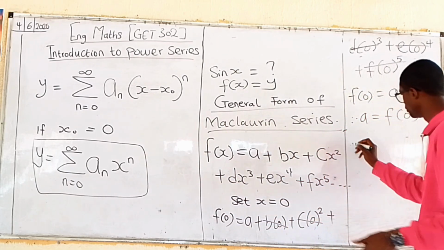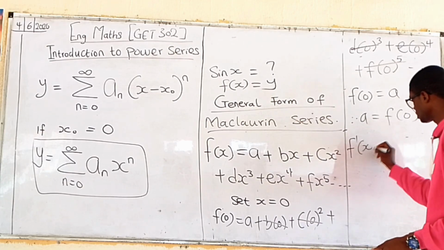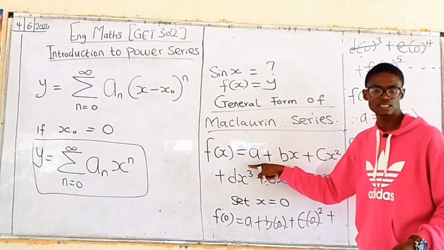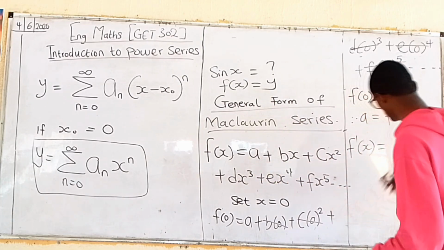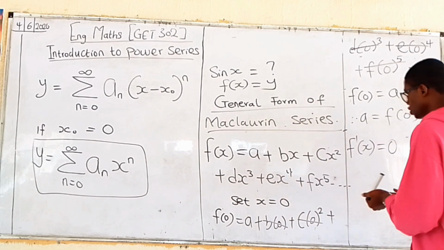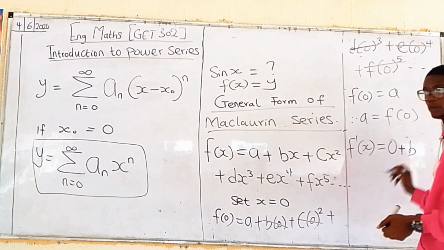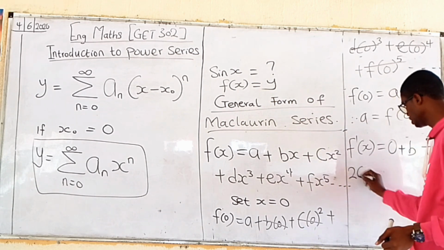So we'll have f prime of x equal to, if you differentiate a constant, which is a, you have 0. Plus, this will give you b. Plus, if you differentiate this, you have 2cx.